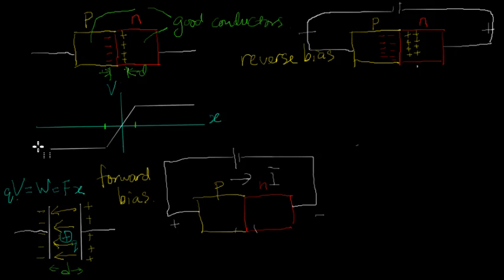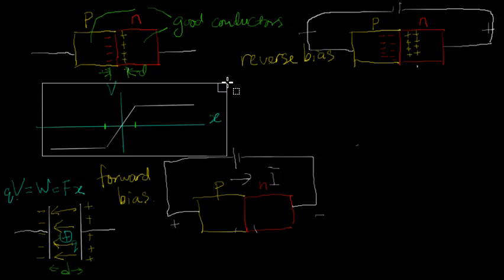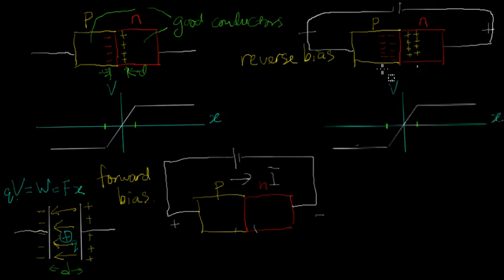Let me just try and copy this graph over. Let's now consider how this voltage graph would change when we have the reverse bias.